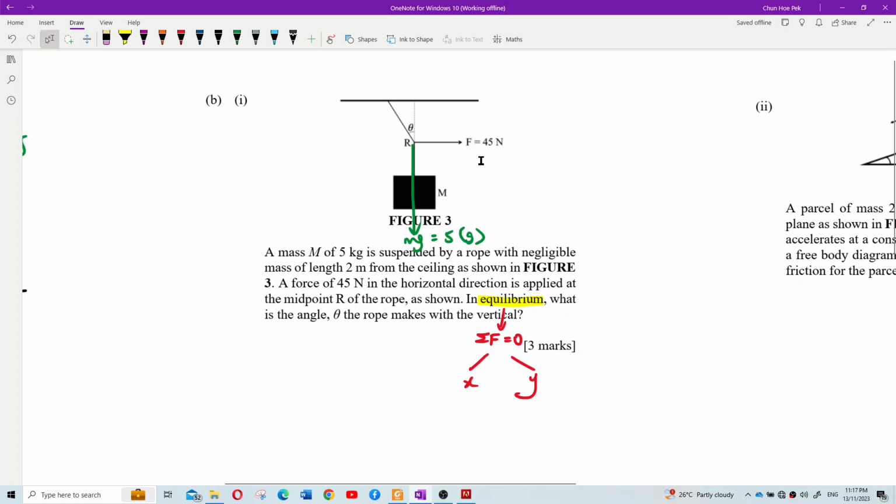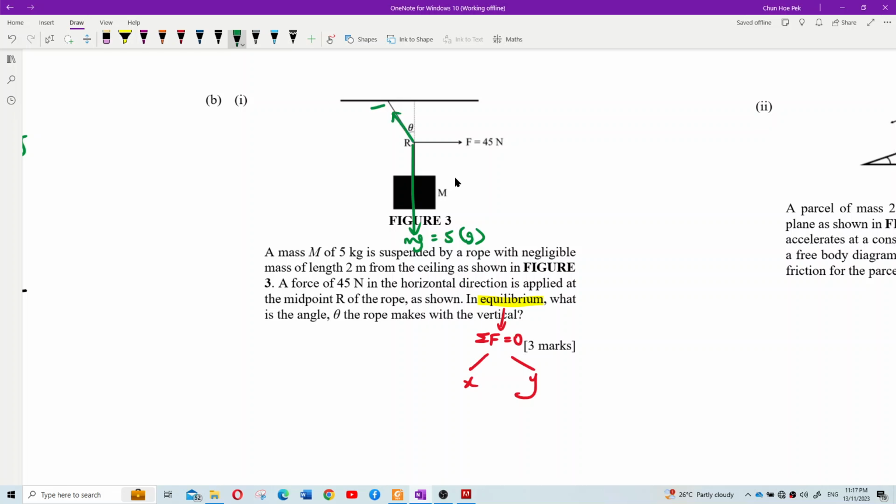It is 2 meters from the ceiling. A force of 45 Newton horizontal. What angle? So in the string there is tension.